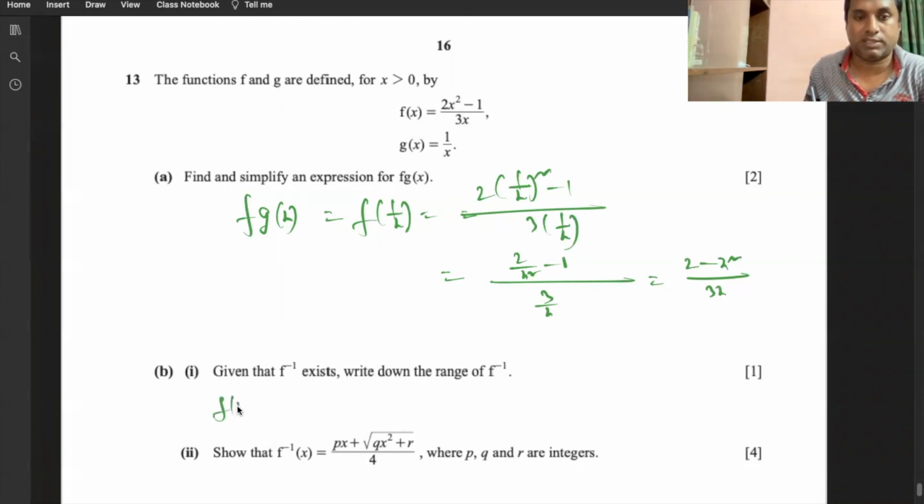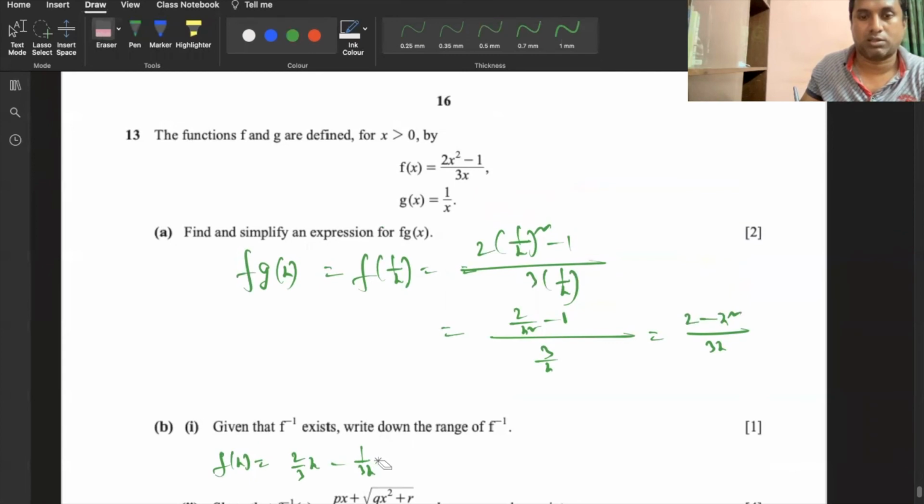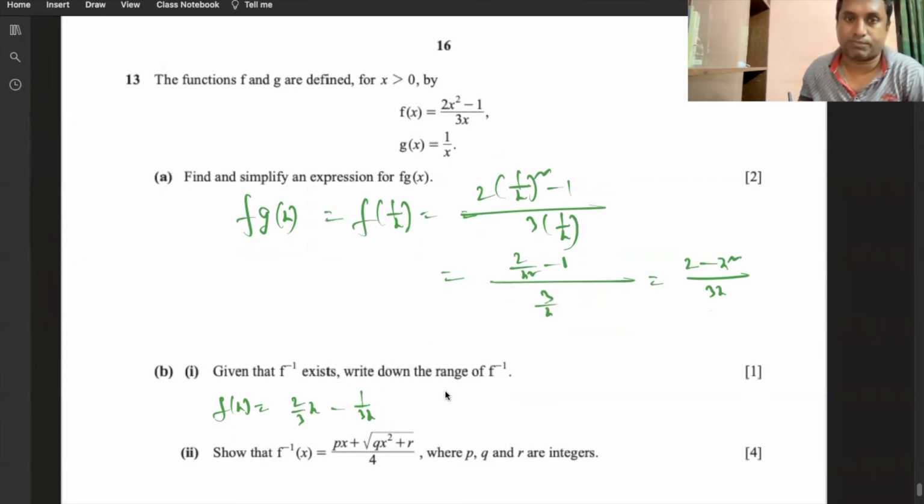We can write f(x) equals 2x/3 minus 1/(3x). Since x is greater than 0 and always positive, f(x) is also greater than 0.